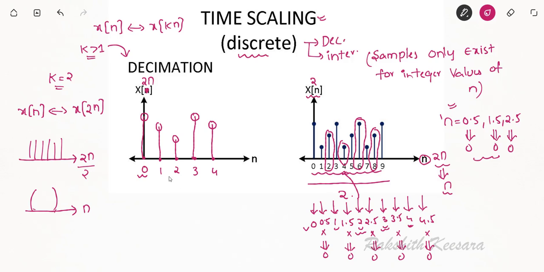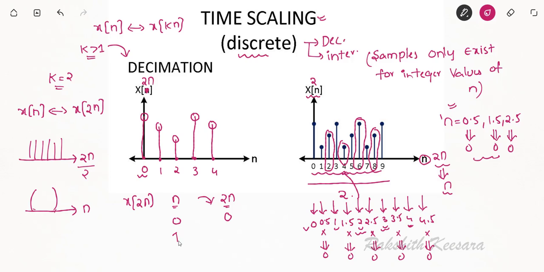Indirectly, what we are doing is, if we need to plot x of 2n, we are picking up multiples of 2. So for n equal to 0 in my new signal, in the old signal this will be the same as 0.